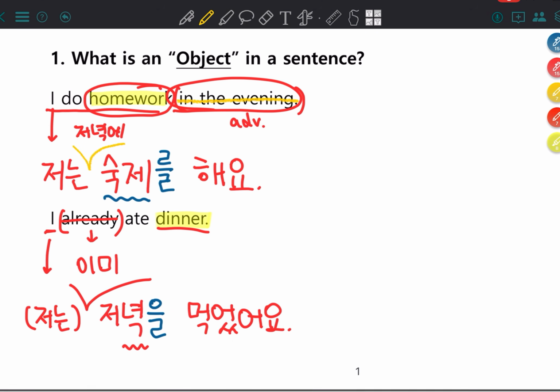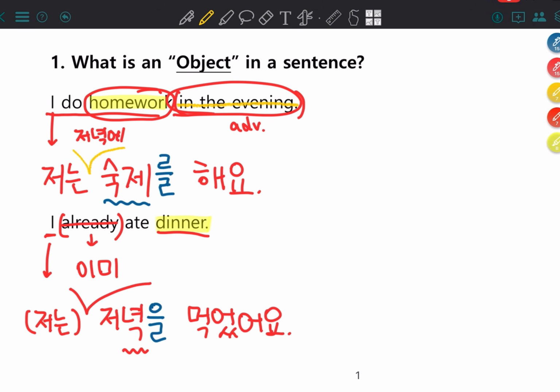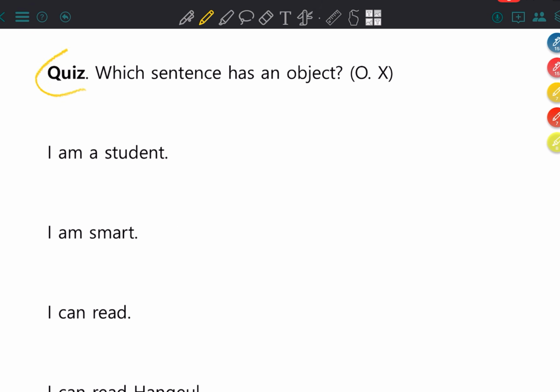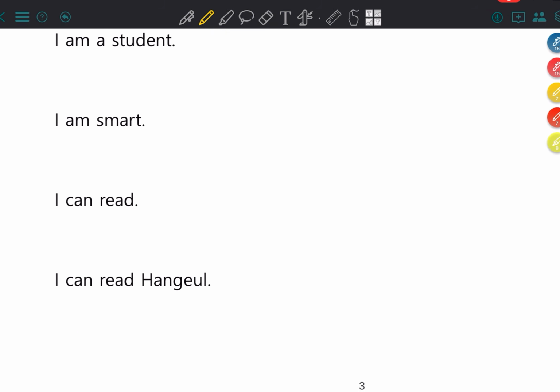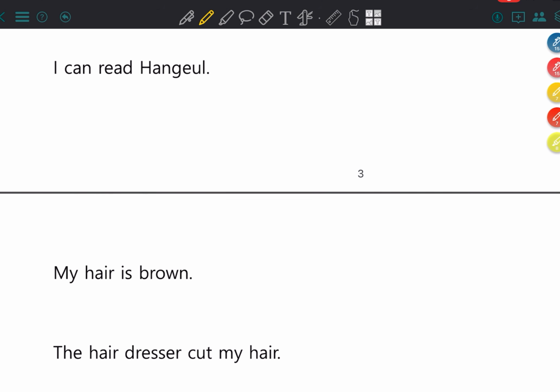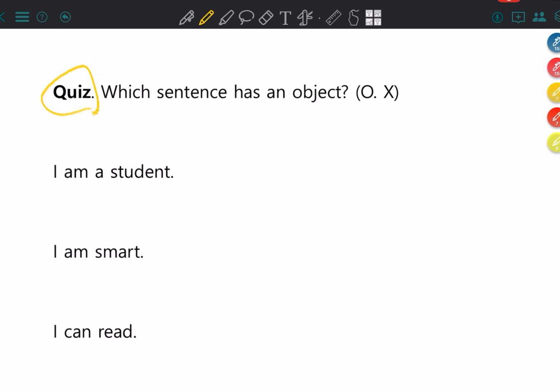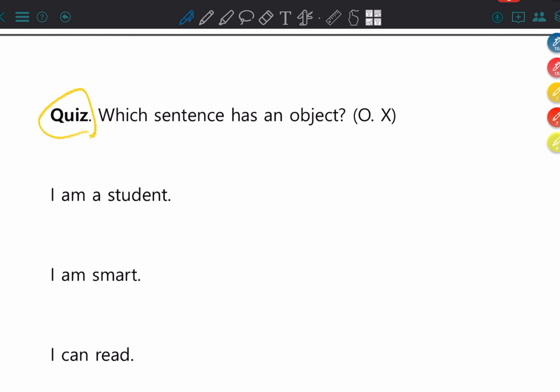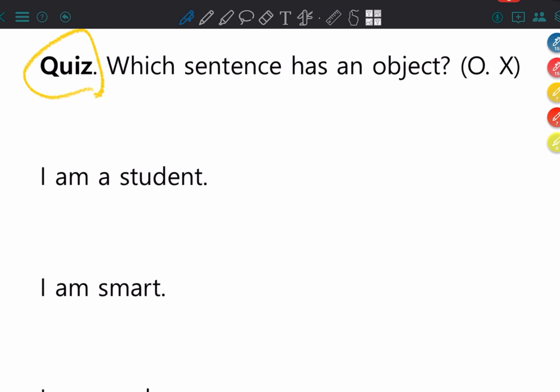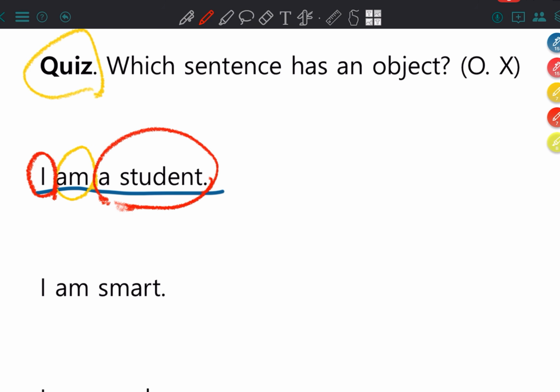So now that we learned how to identify an object in a sentence and how to use object marking particles, let's do a quick quiz and check if each of these sentences require an object particle or not. So let's first look at the sentence. I am a student. So here you can see that to be verb is used, and this sentence simply states that I, the subject in a sentence, equals a student, right?